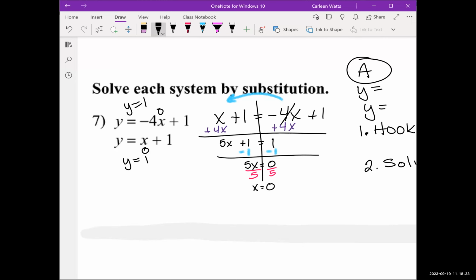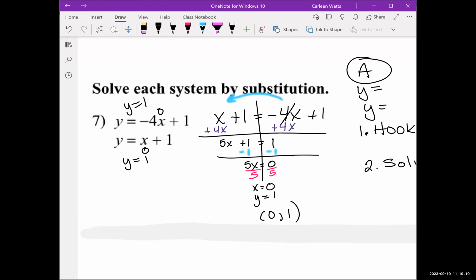Agreed? X is the value that gives me the same y value, right? I am looking for the x value where the y's meet. So that is the ordered pair 0, 1. If I graphed it, don't do this, but I have a line and I have another line. 0, 1 would be the point of intersection.